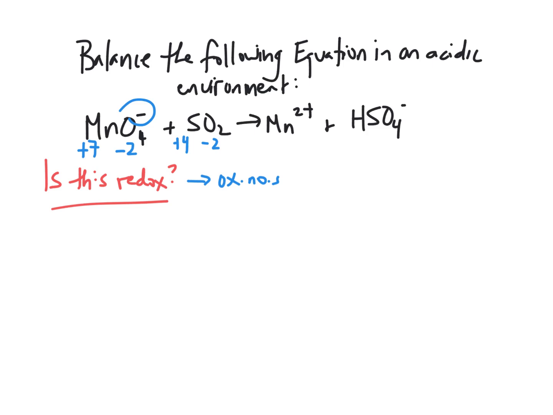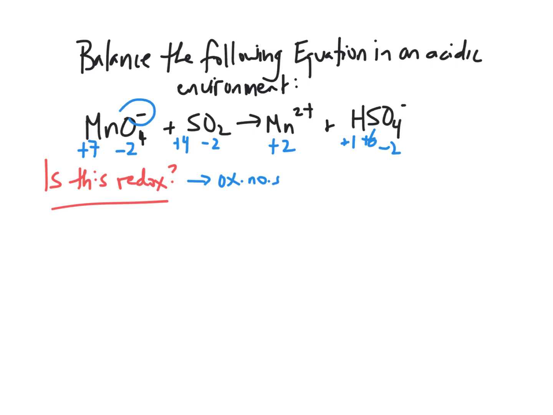Then over here on the right-hand side, the manganese 2 plus ion is going to be following the rule where the oxidation number matches the charge of the ion. And then for HSO4 minus, again, we start with oxygen being a -2. We start with hydrogen being a +1. These are kind of golden rules of oxidation numbers. So we just have to figure out sulfur. Okay, so -2 times 4 would be -8, and then it's a -1, so we need to get +7, but then we've already got +1, so this is going to be +6. Does that check out? Yes, I think it does.